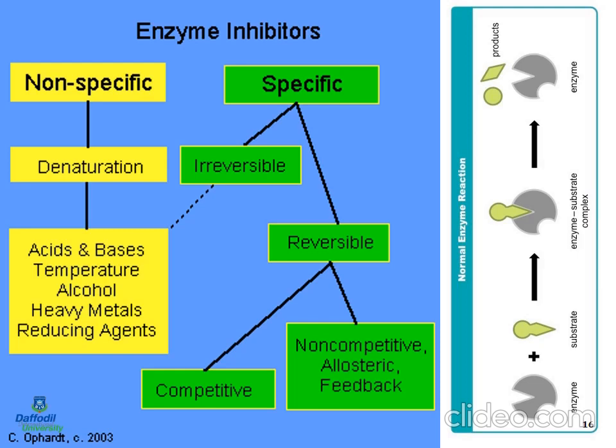So just denature it by adding acid, base, or temperature, or alcohol, or heavy metal, or any reducing substance which has the ability to reduce the disulfide bonds. Then you can say that this is just non-specific enzyme inhibition. That means you do not use any specific substance, but your enzyme is denatured.